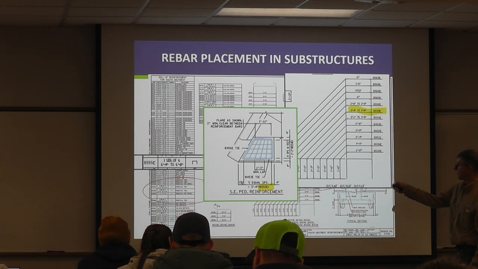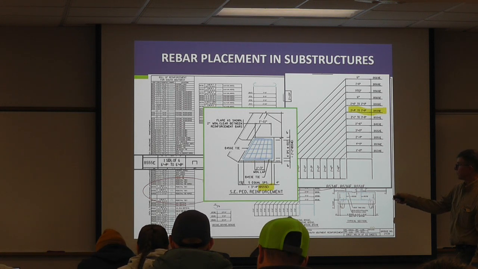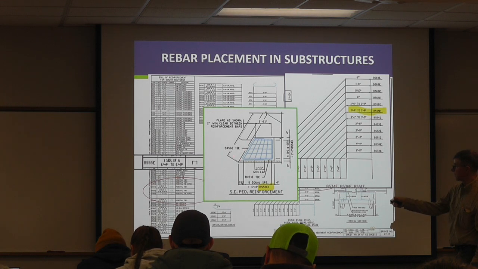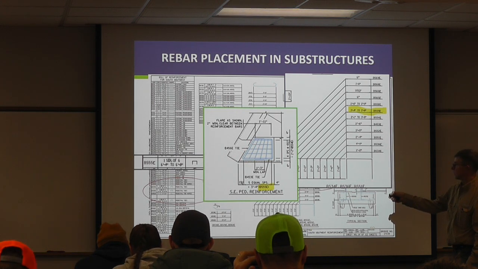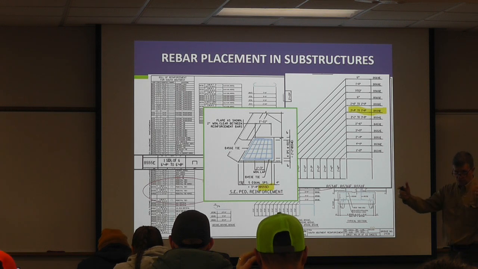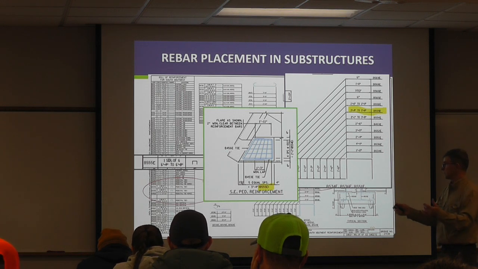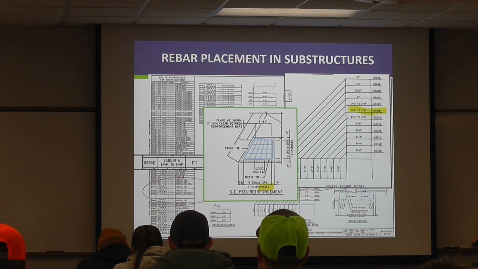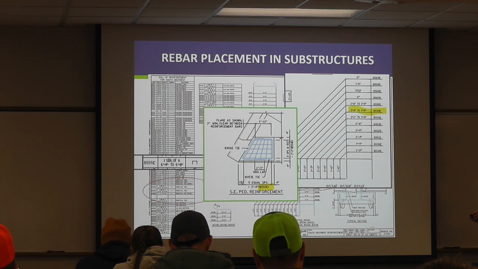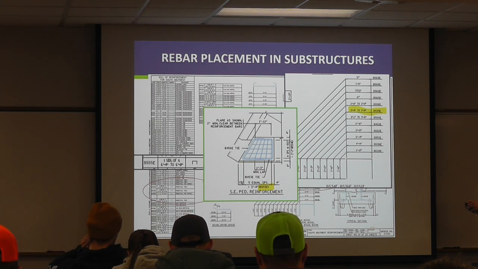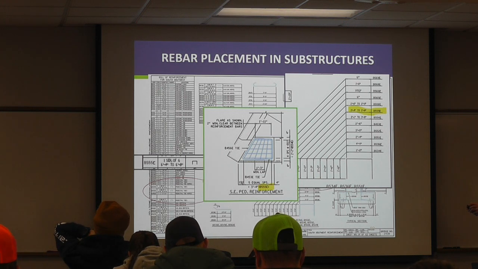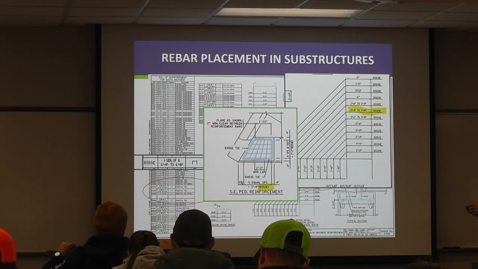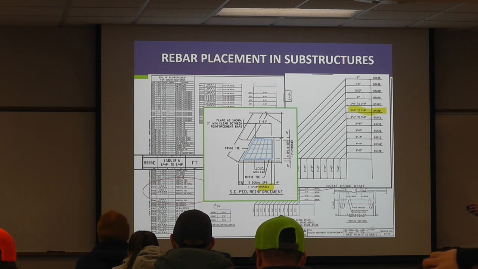On this side of the light, it's 1 foot 11. So at the edge of the bridge, because our bridge is skewed, we run out of room for that pedestal. And so that little pedestal is not a square, but some kind of a trapezoid. On the one side of the light we're spaced 5 equal spaces, and it says flare is shown. 2-inch minimum clearance between the reinforcement bars.